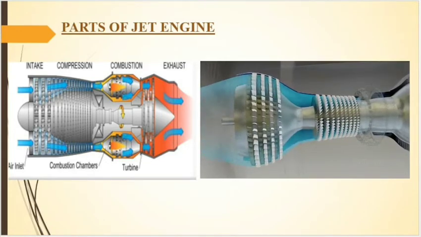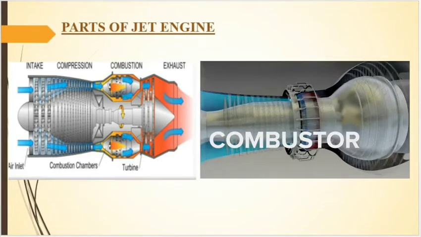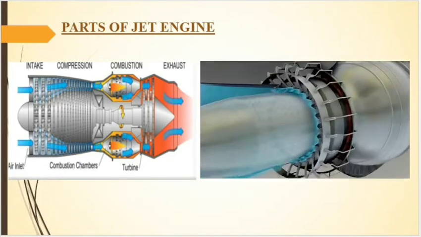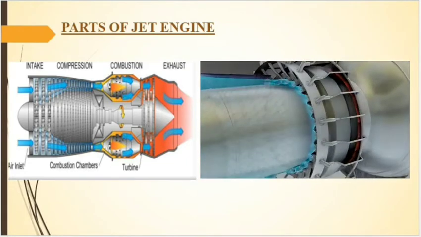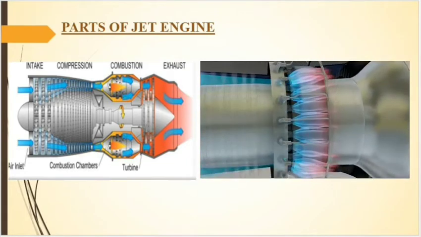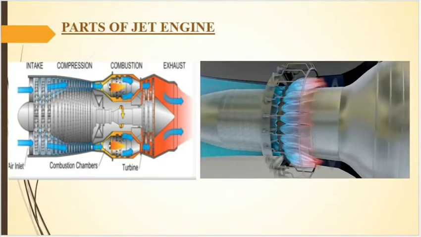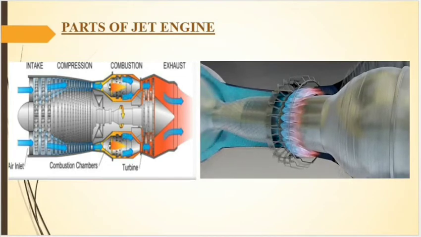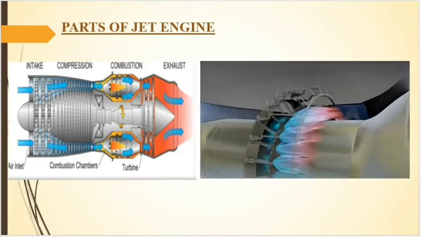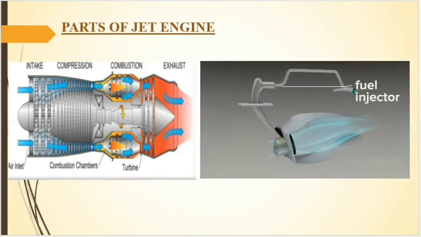Next is the combustion chamber. The efficiency and performance of a turbine power unit depend on the type of combustion system used. Fuel enters in front of the burner as an atomized spray or in a pre-vaporized form. Air flows in around the fuel and nozzle through the first row of the combustion air holes in the liner.